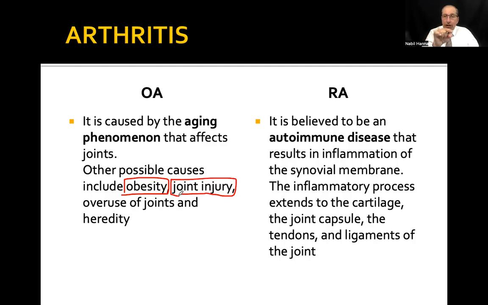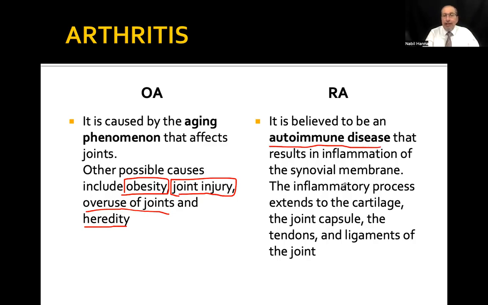Because that was the joint that had the injury many years before. Also, overuse of joints can accelerate the degeneration of the articular cartilage, and heredity might play a role as well. Whereas with rheumatoid arthritis, because it's an autoimmune condition, we do not actually know why it happens and what increases its incidence.